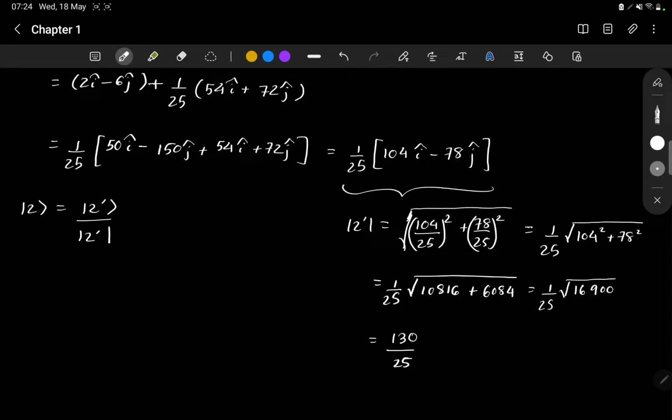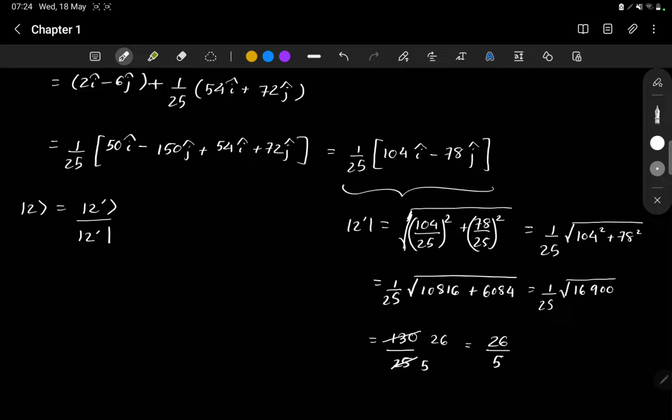So this is the length of this second vector that we have. We can simplify this. So simplify this 5. So this is nothing but 26 over 5.